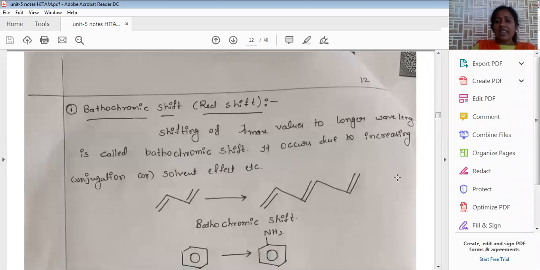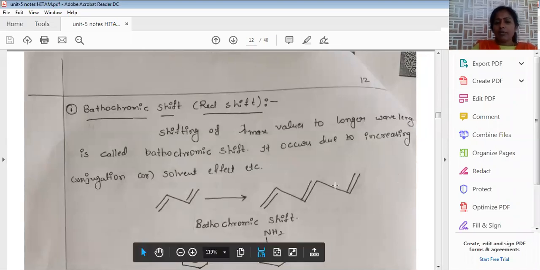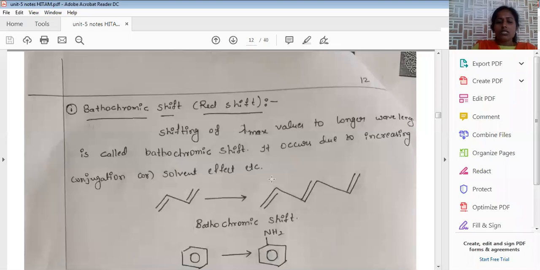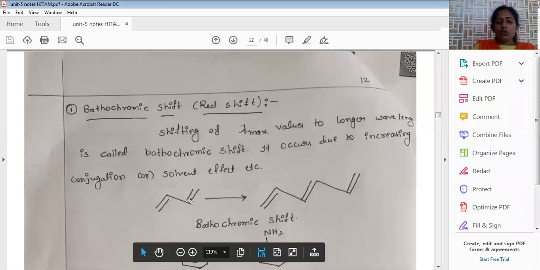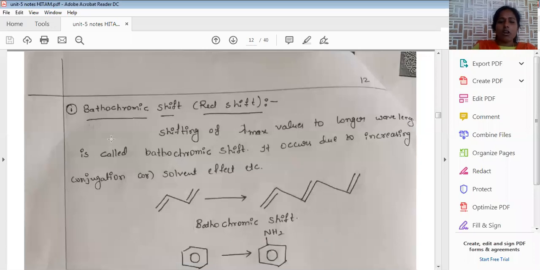That's why the energy required for this transformation is low. Hence, compared to 1,3 butadiene, this compound involves greater ease of delocalization with less energy consumption. So compared to two bond conjugation, three bond conjugation will have longer wavelength. This longer wavelength is called a bathochromic shift.